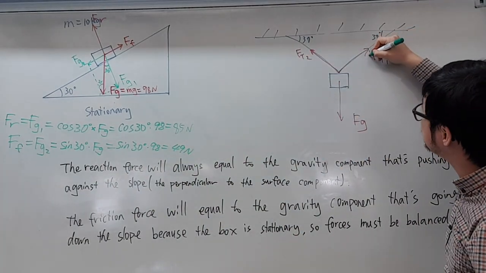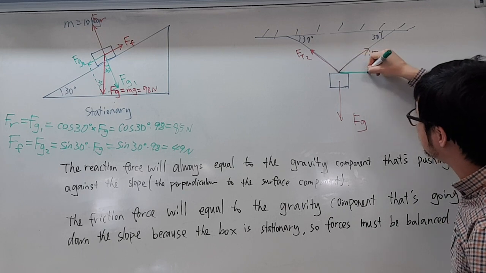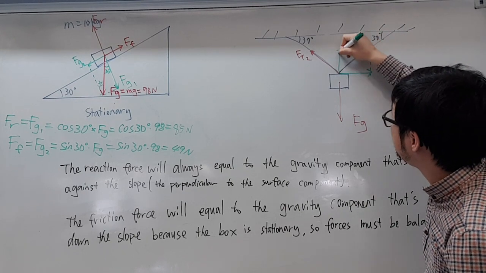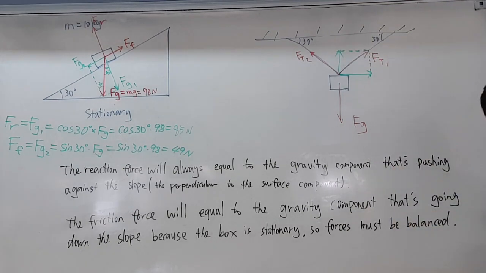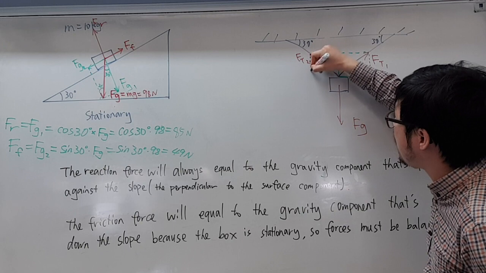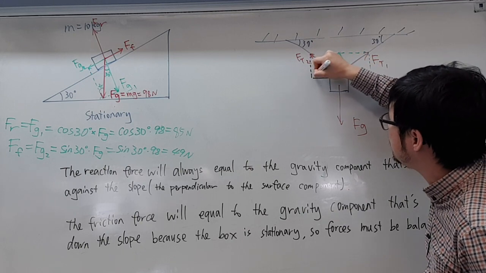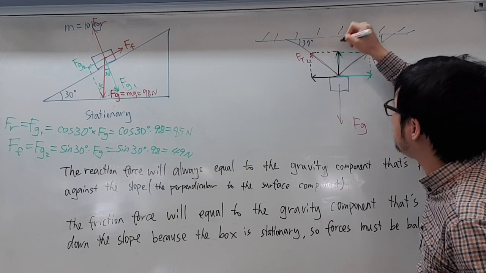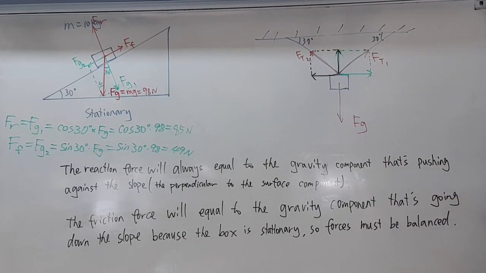I can make this one horizontal. So it will have a vertical component going up, right? And then I can do the same thing with this one. This one will have a horizontal component, and it will have another vertical component going upwards, right?